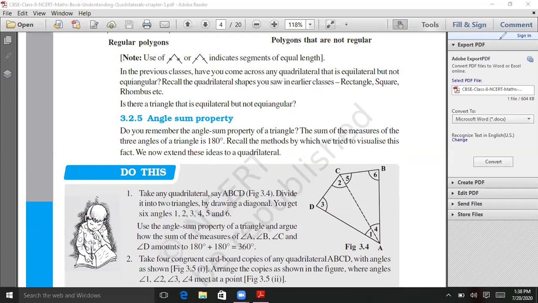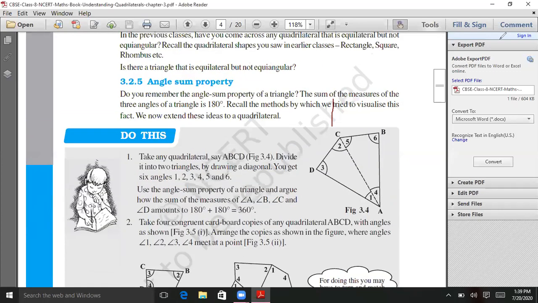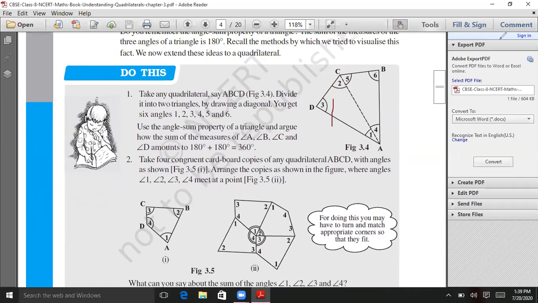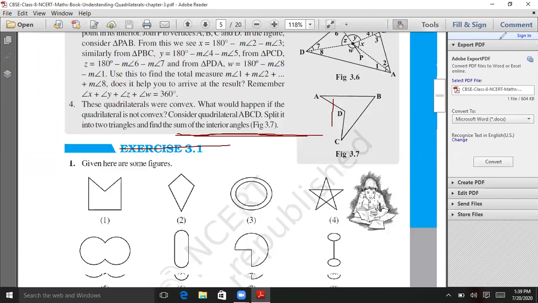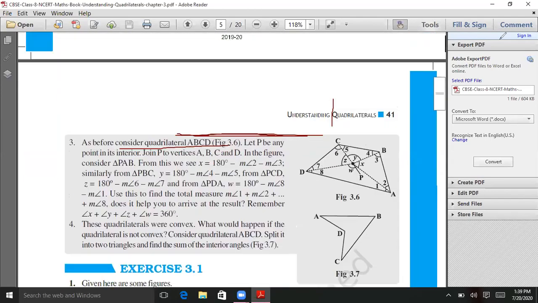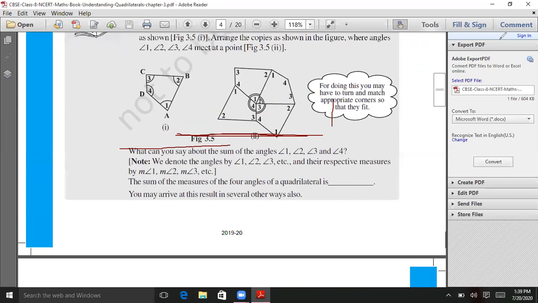This is the angle sum property of a quadrilateral. If you remember, you have done the angle sum property of a triangle earlier. What was it? The sum of the three angles is equal to 180 degrees. Same here, there is a property of quadrilateral also. In a quadrilateral, the sum of angles is equal to 360 degrees.